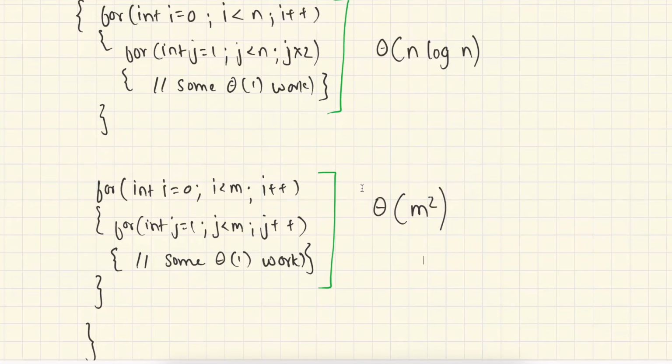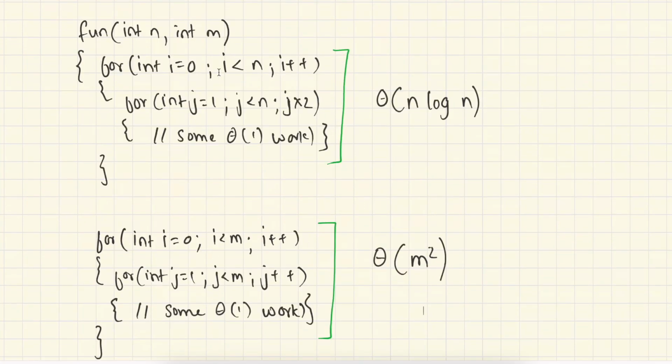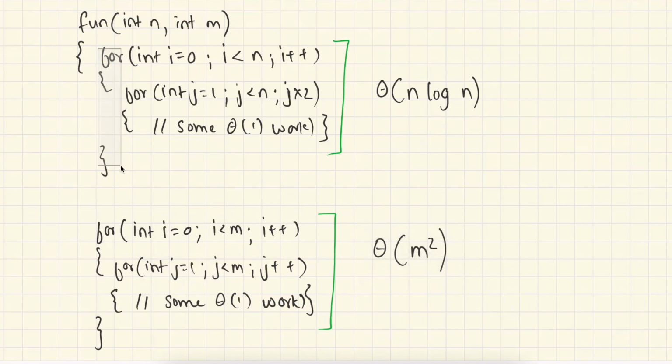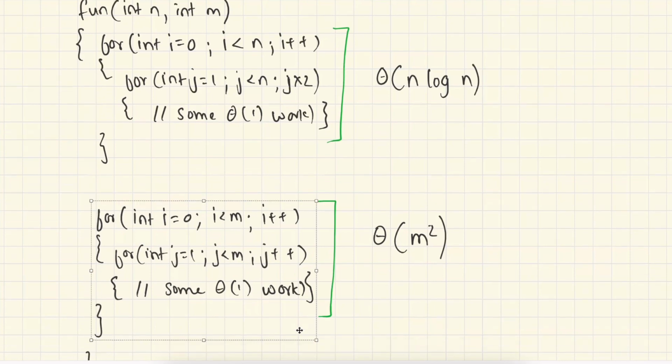Look at this carefully, okay? Here we are using m and here we are using n. So for each i from 0 to m, we are running j. That's why the order of growth of this loop is m square. The first for loop depends on input n and the second for loop depends on input m. So do not get confused.